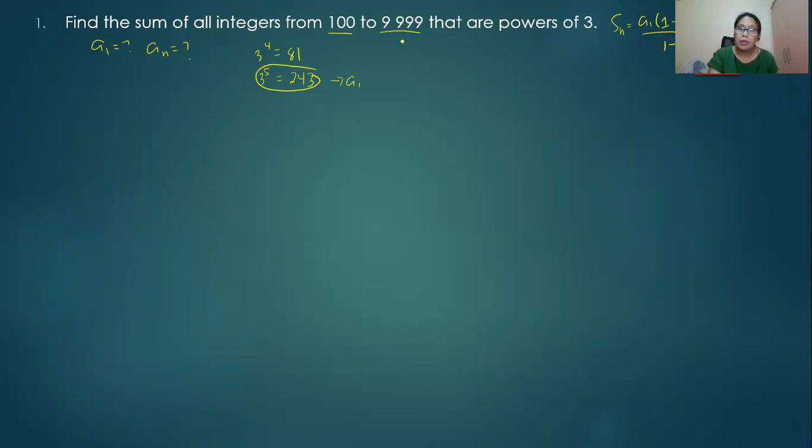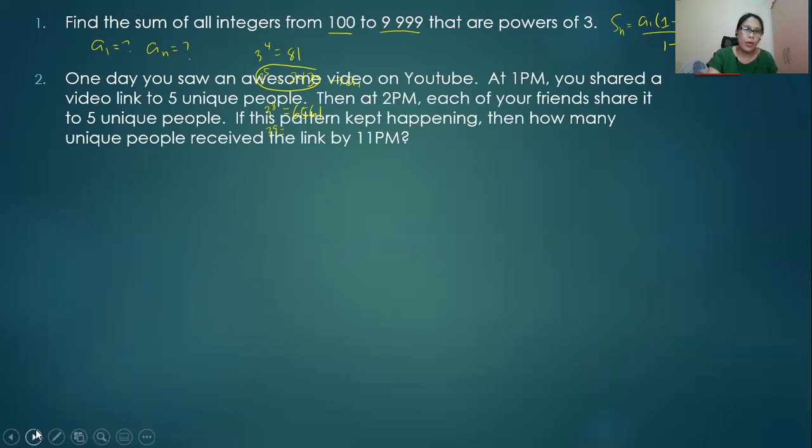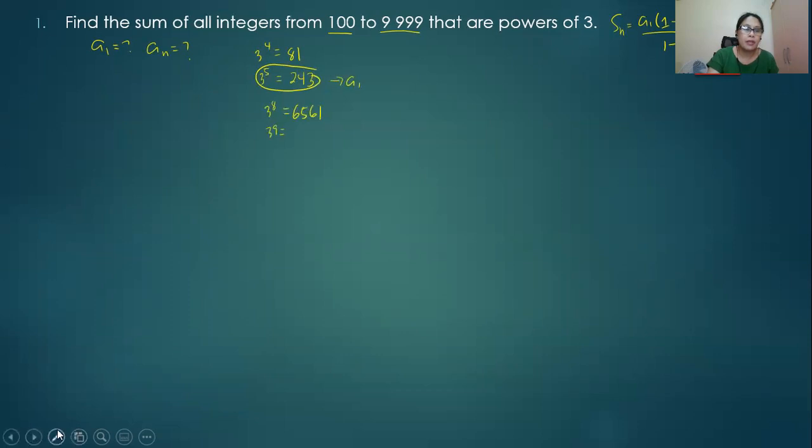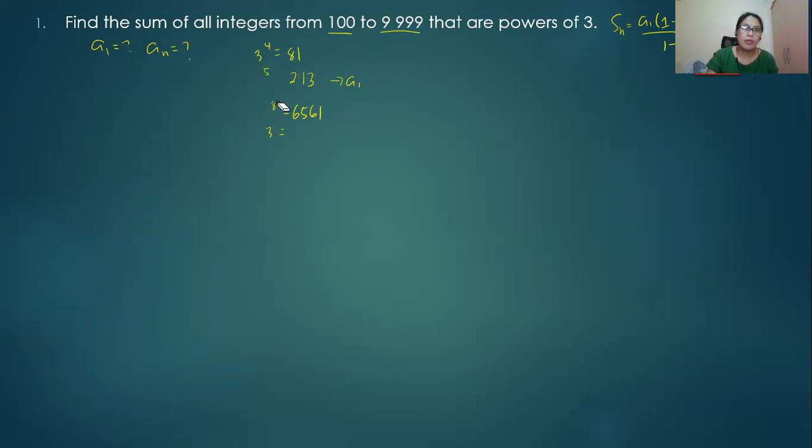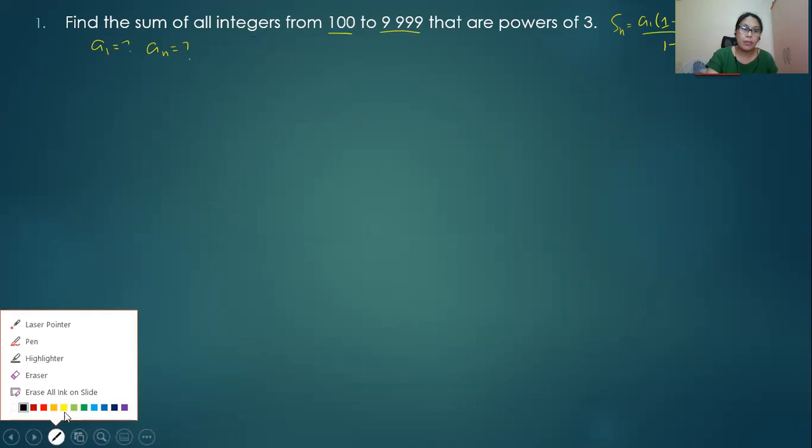Now for a sub n, by inspection, 3 to the 8 equals 6561. So we are not considering 3 to the 4th as our a sub 1.